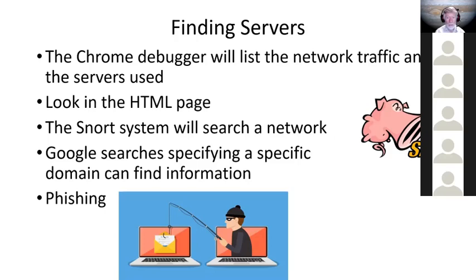And it will do that. It's pretty good at that. But that's covered in the web security class here at A&T. So if you're interested in that, take Dr. Shu's web security class and learn all about Snort. I'm not going to talk about Snort here. Now you've heard all you're going to hear about Snort from me, but it's out there and it's pretty effective.